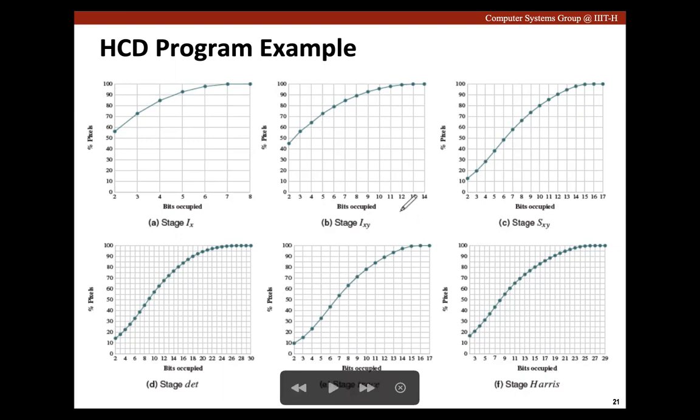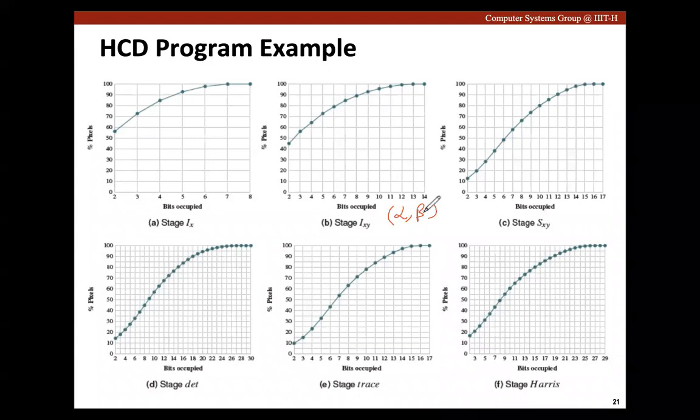One is the alpha. Remember, any fixed point data type has two parts. Alpha is the number of bits required for the integral part, and beta is the number of bits required for the precision. If beta is equal to 1, that is, if you are using only 1 bit after the binary point, then the gap between values is 0.5.